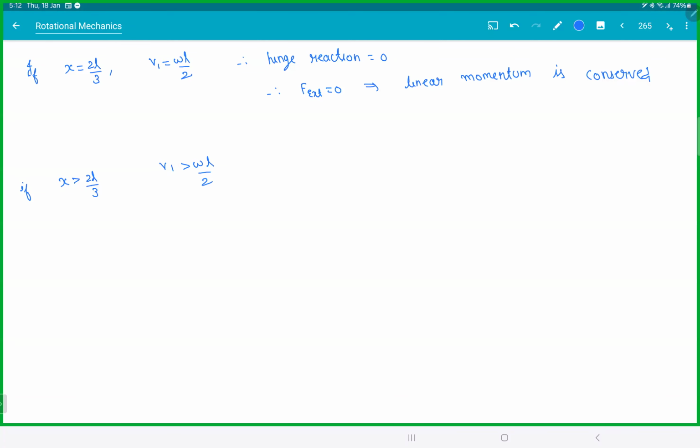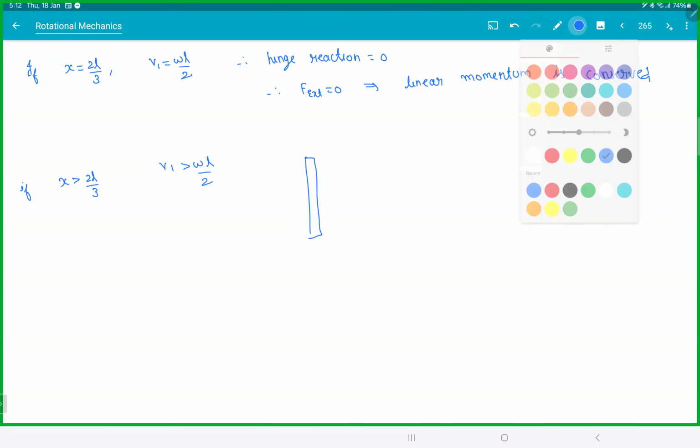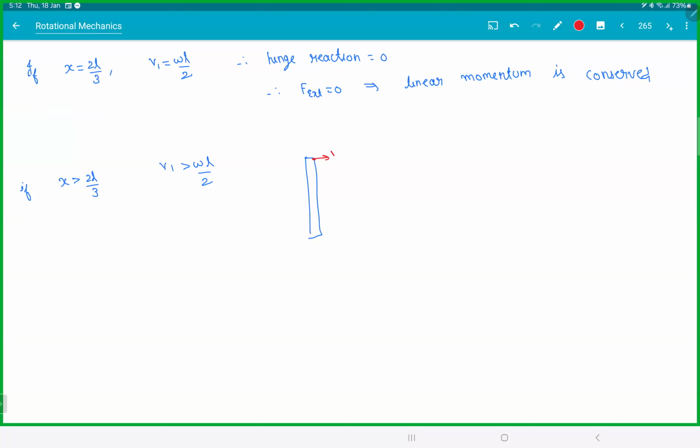That means, see, this is a good one. So that means for this rod, this is going with V1. This is omega L by 2. So this point, let's call it A. A is trying to go forward. That means the hinge will oppose this way.